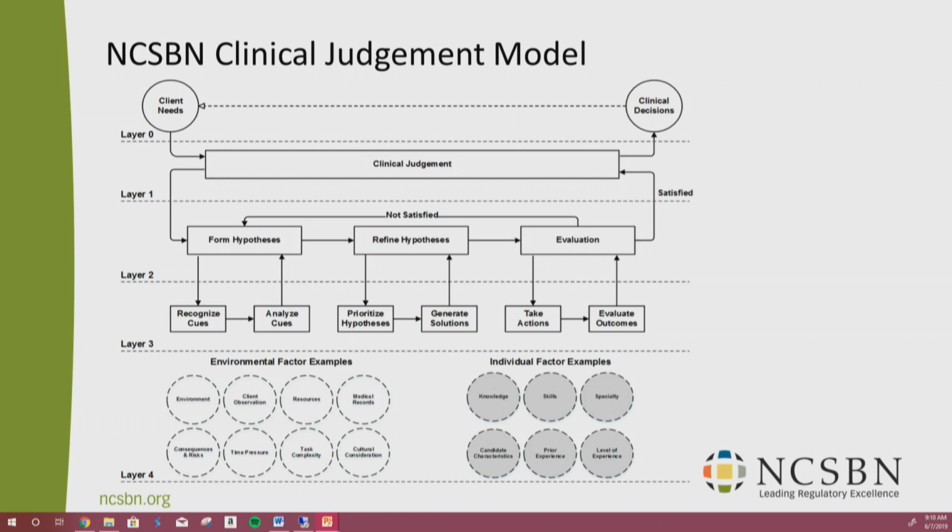And so level 3 is where the clinical judgment measurement will occur, and we can collapse that down to a board of nursing and say we know that over the entire clinical judgment model this person is safe. Or we could say back to the educator, guess what, your programs or your individuals, you can do it at program level, state level, individual level, are having some difficulty with hypothesis generation or taking action.